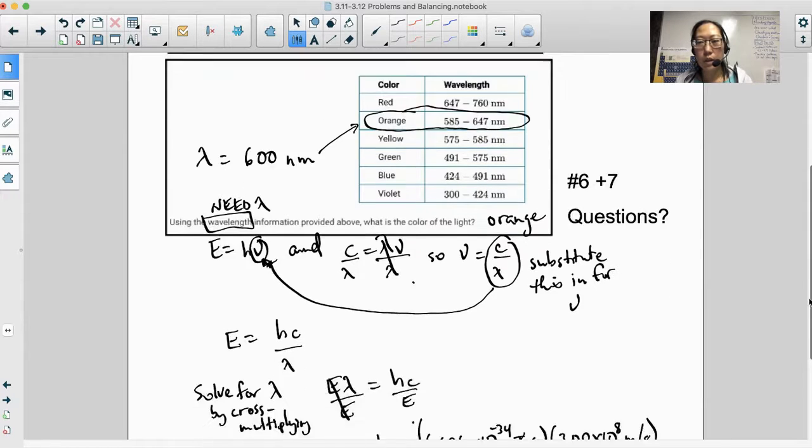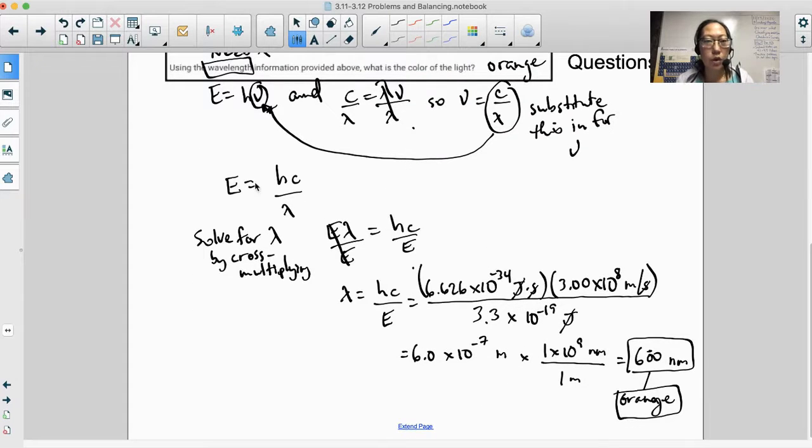Here I've decided to use E equals h nu and substitute in for my frequency, so I end up with E equals hc over lambda. I'm going to solve for lambda by cross multiplying and then plug in my numbers. I get a 600 nanometer photon, which is an orange photon. The color of the photon is orange.